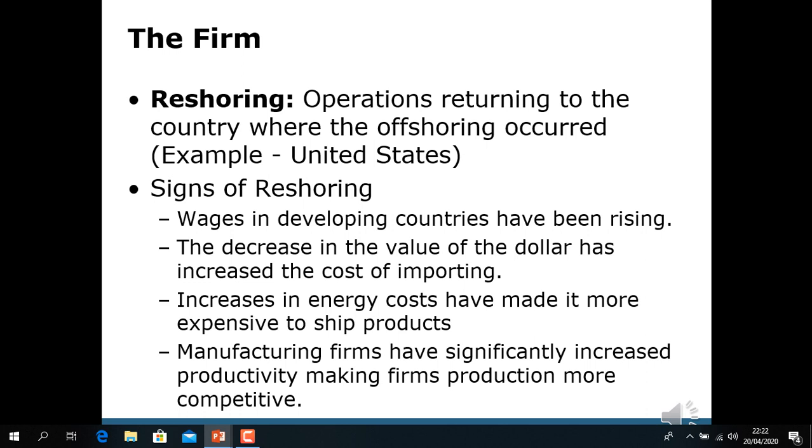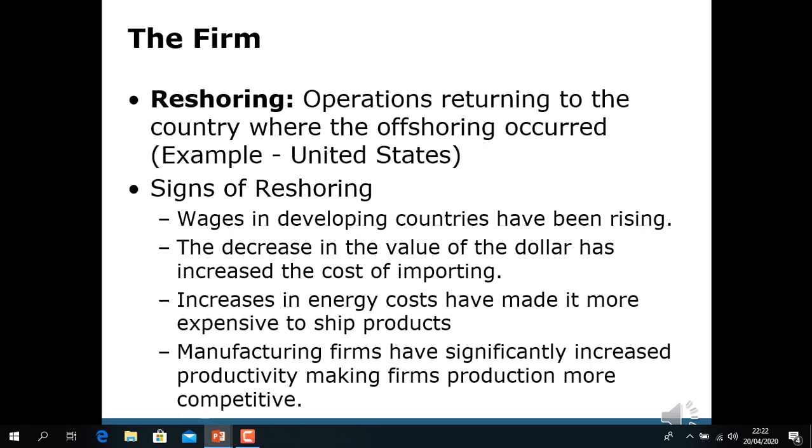For example, the Nike factory relocated production to Southeast Asian countries with the aim of minimizing labor costs, which in fact is very cheap. Some of the signs of reshoring you can see from the slide.